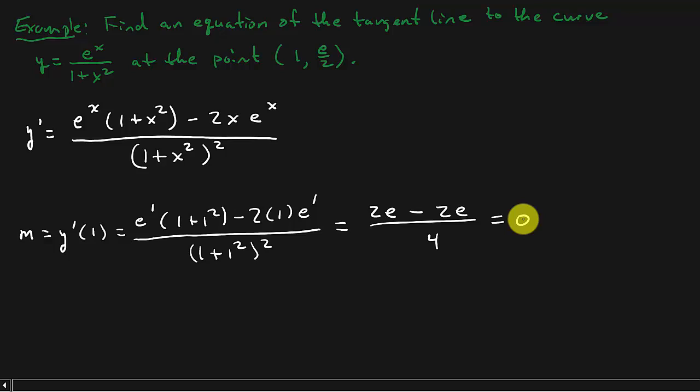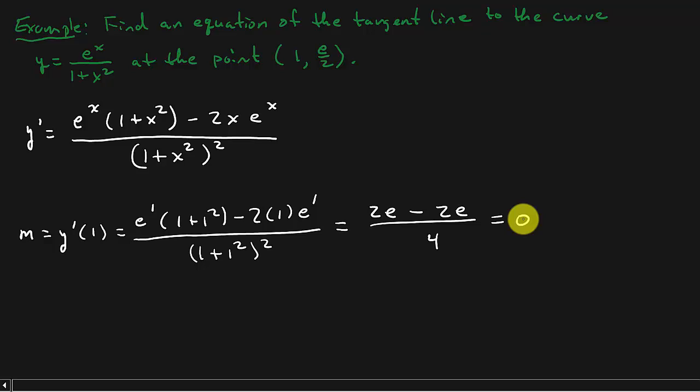So our slope is 0. All right. So, well, that's nice there. That makes it a whole lot easier for us to find the equation of the tangent line. We don't even need to use the point slope form. You can use the point slope form, but we don't need to.